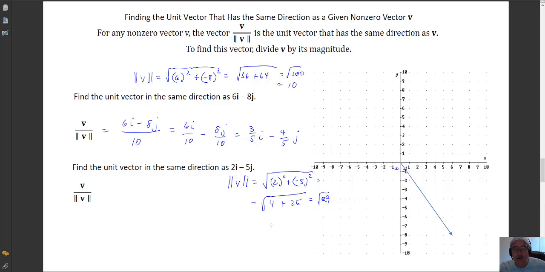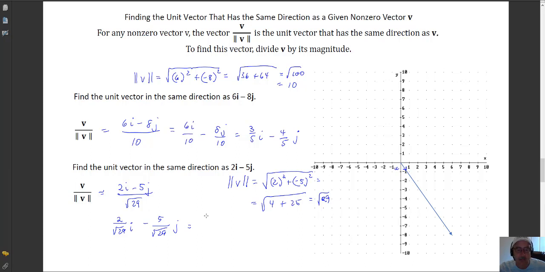Now, not always do these bottom numbers come out nicely, as most of you know. So when you go to write this, you'll put 2i minus 5j. You don't want to leave it like this again. You want to write the answer in terms of a vector. So this would be 2 over the square root of 29 i minus 5 over the square root of 29 j. Then, of course, you know they always like to rationalize the denominators there.